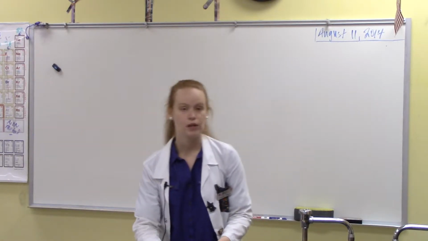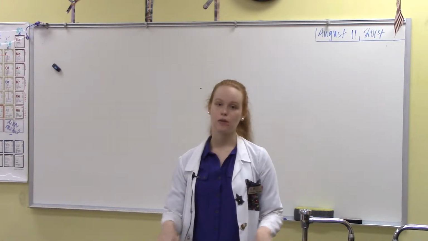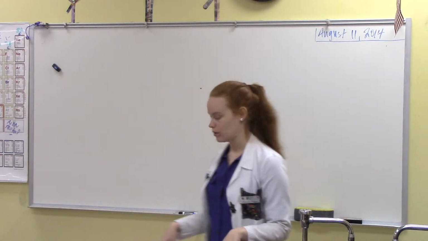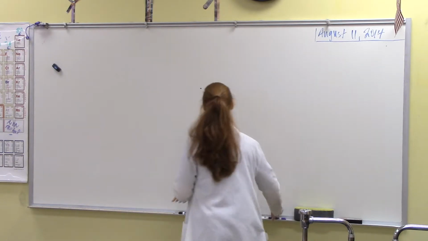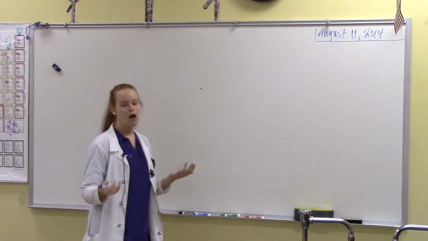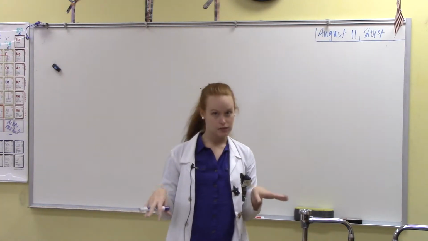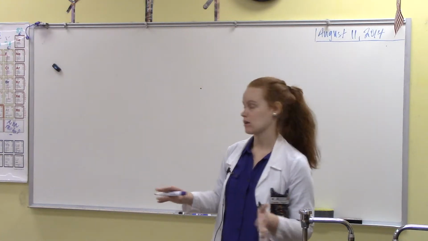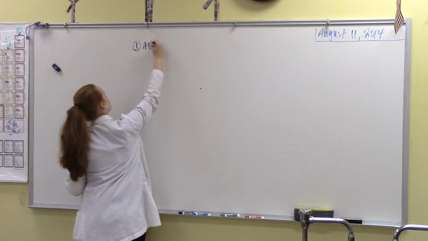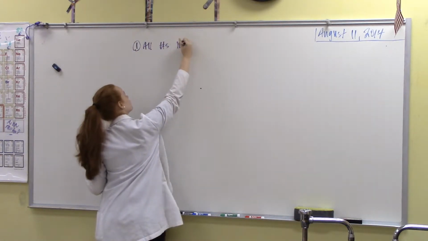Okay, so there are some rules for sig figs and how they work, and there are 5 different rules. I'm going to go through those rules with you. The first rule is: all numbers that are not 0 are always significant.